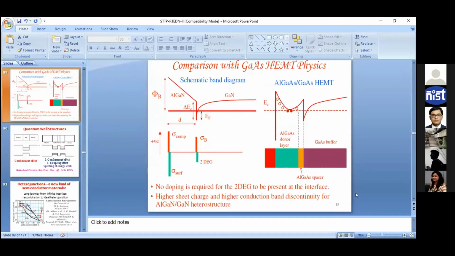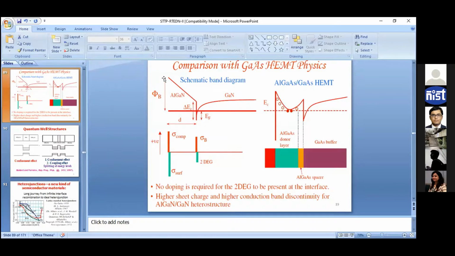Sir, here you have shown the barrier height of the AlGaN. So which one is the barrier height? The left one or the one adjacent to the junction? Barrier height is known at the junction, I mean the barrier for crossing of the hole or the electron at the junction. So the barrier height is at the junction of this interface, AlGaN and GaN.